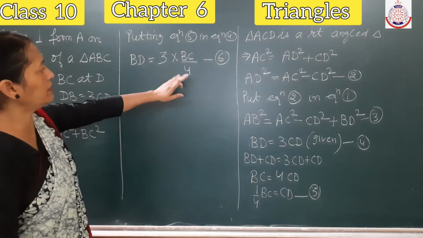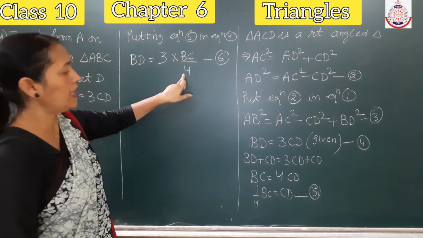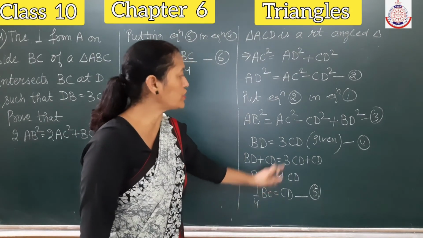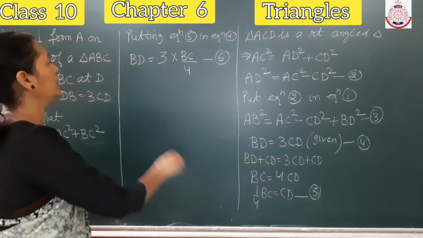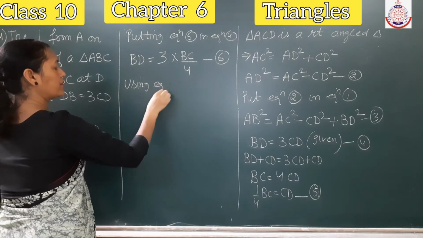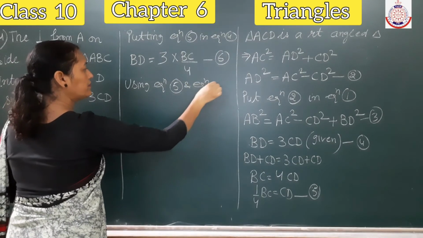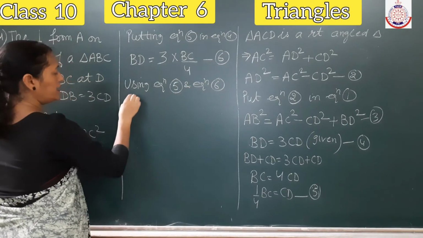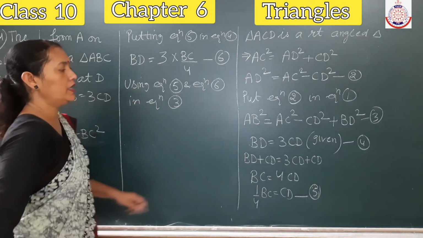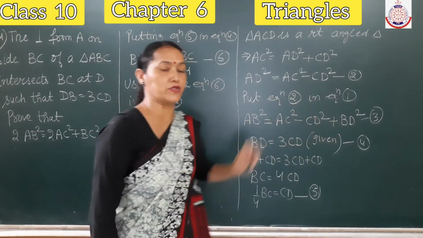Now we use the value of BD, that is 3/4 of BC, and the value of CD, 1/4 of BC, in equation number 3. That means using equations 5 and 6 in equation 3, AB square is equal to AC square, and here we will be putting the values.